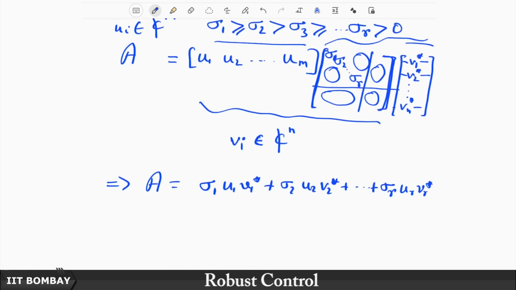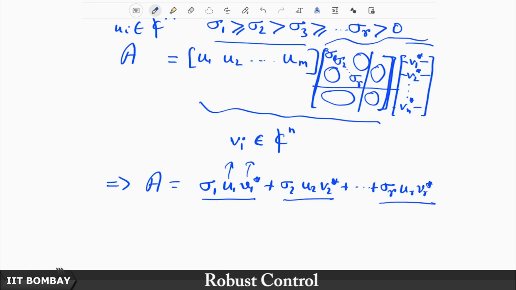That is it. What we observe in addition to this is the fact that each of these individual terms is simply nothing but a rank 1 matrix. I urge you to check that. Remember, this is a column vector, and this, because you have taken the Hermitian operation, becomes a row vector. So, a column vector times a row vector is always going to be a matrix. Not just that, you will see that every row is a scaled version of the other row, scaling factor being the corresponding entries of the U matrix.